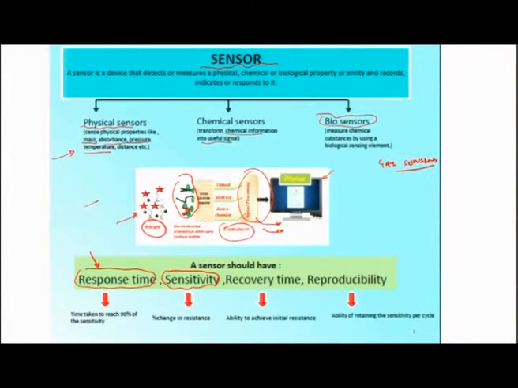Then there is also the question of the sensor recovery time, particularly in repeatable operations where you're doing multiple sensing modules together. How soon can the element come to a state which is completely recovered, completely baselined, so that the next measurement or next set of measurements can be carried out, is the recovery time.